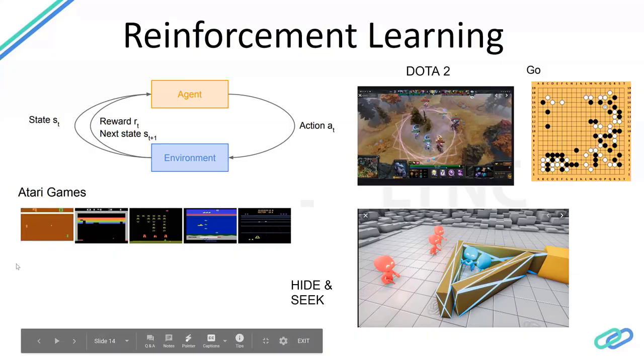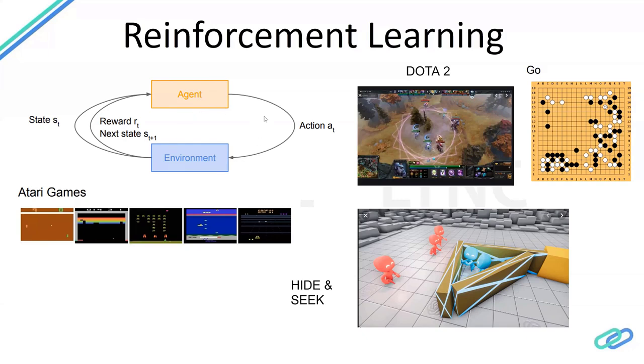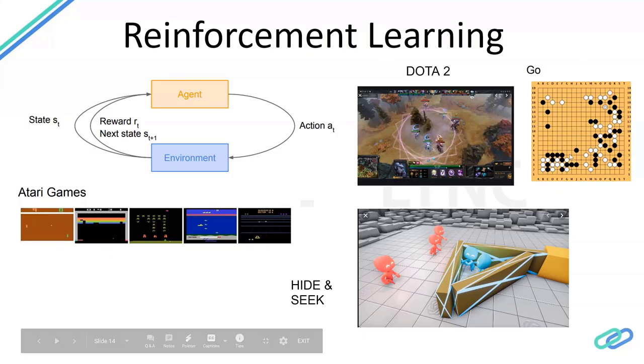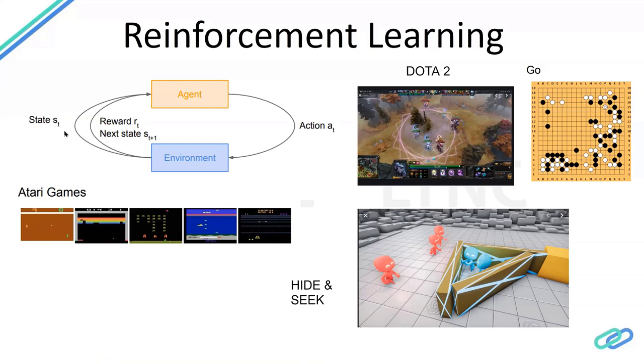You have an agent, similar to a driver, who is interacting with, in most cases, a simulation environment. That's why it's very popular. I've shown all these examples here, the board games and even more complex games like Atari and Dota. Reinforcement learning is getting used in more areas other than AVs.